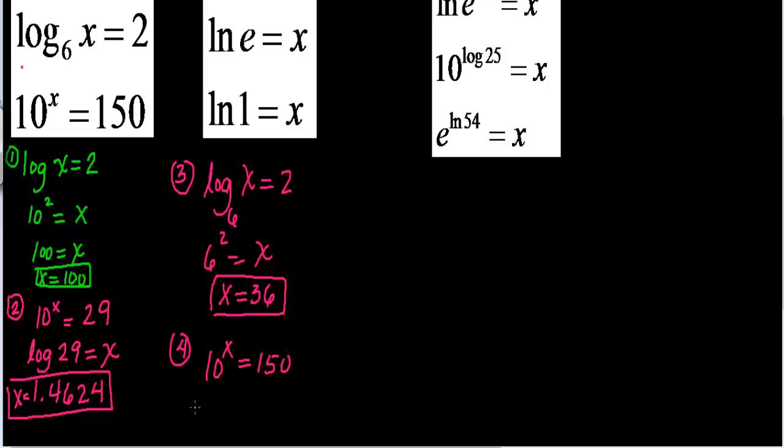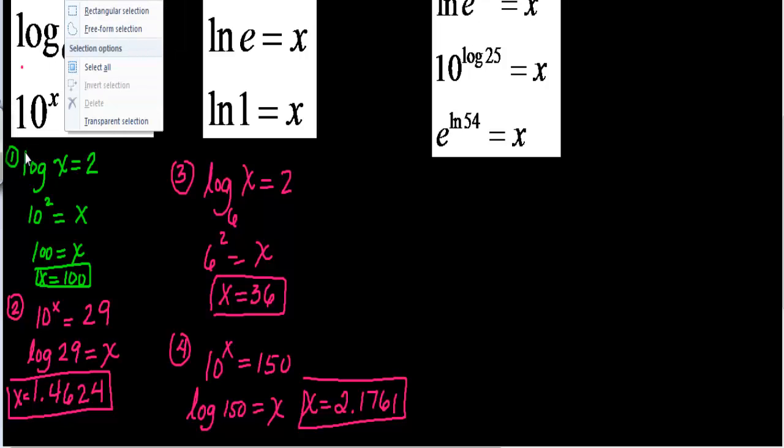Let's rewrite this as a log. Log base 10 of 150 is equal to x. So again, you take your calculator, you plug in log of 150, and you get that x is equal to 2.1761. Remember, 4 decimal places. And we're done with column 1.